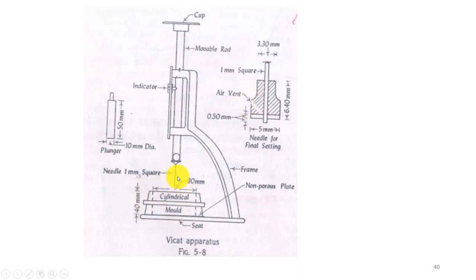For the final setting time, your needle penetration must be 1 to 2 millimeters from the top. In case of consistency, you must have a penetration of this plunger from the bottom up to 5 millimeters.